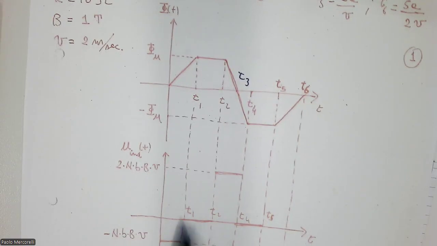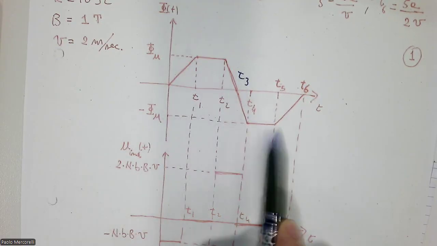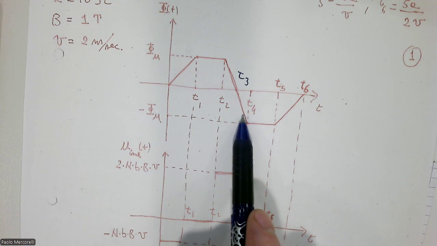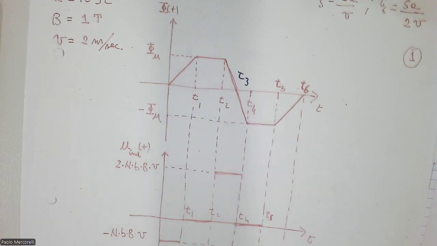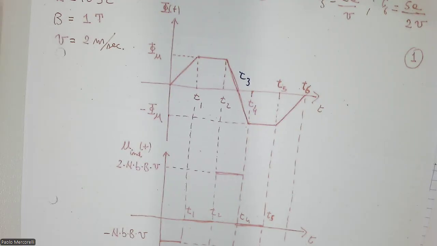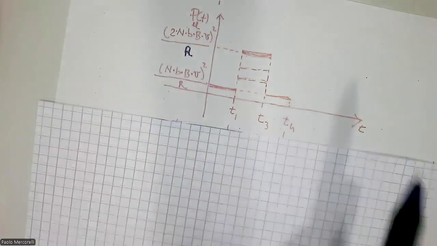Please pay attention. Why 0? I didn't clarify, but it's clear, because we don't have changes. We don't have induced voltage. The derivative is 0. You know, I don't have to comment this. 0. In fact, we can see also here.